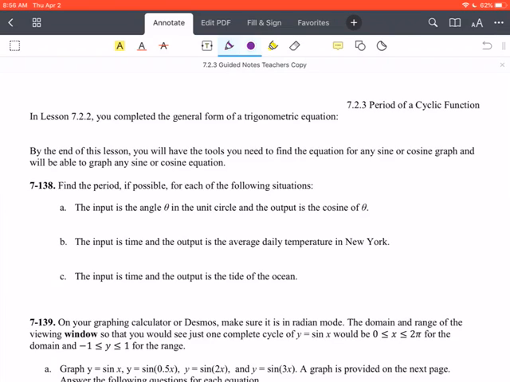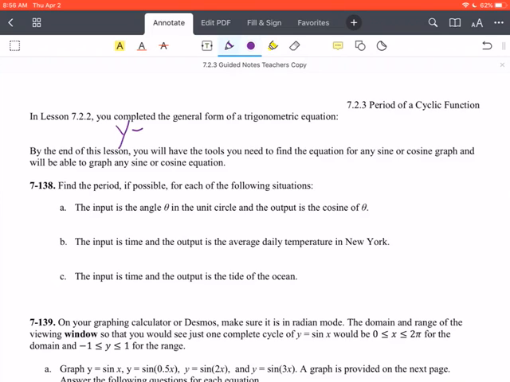Last lesson we really completed what we call the general form of a trigonometric equation. A lot of times I've been using sine, so maybe I'll use cosine for this one. Let's just review what that is. It's very closely related to what we did with parent functions in chapter 2.